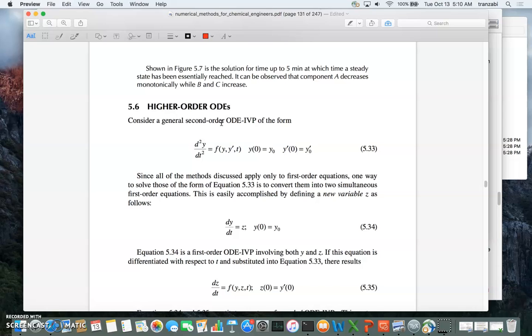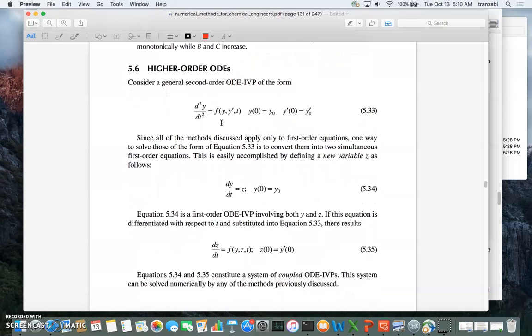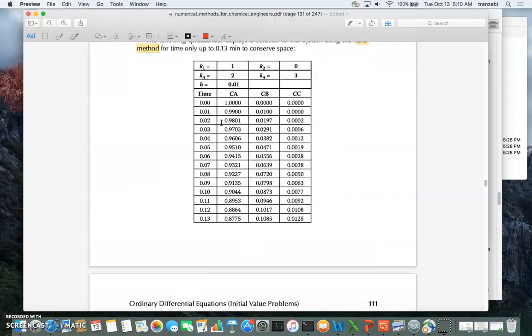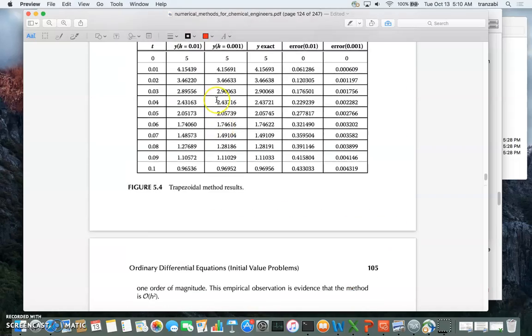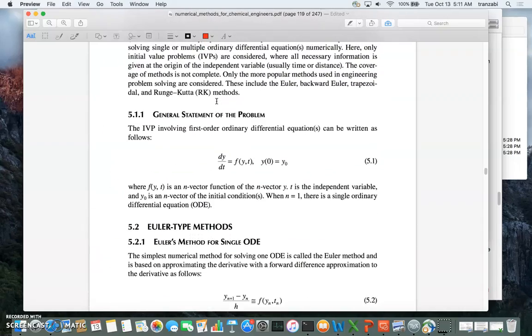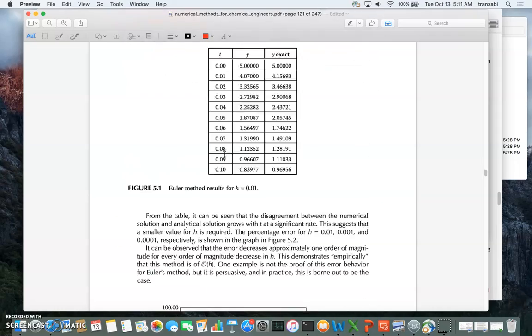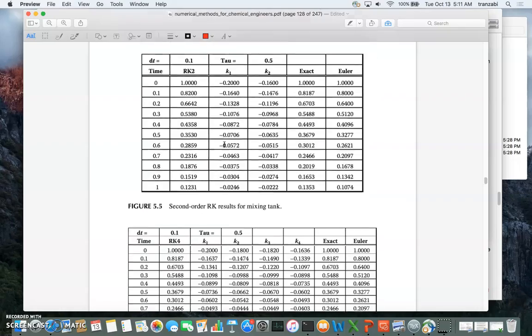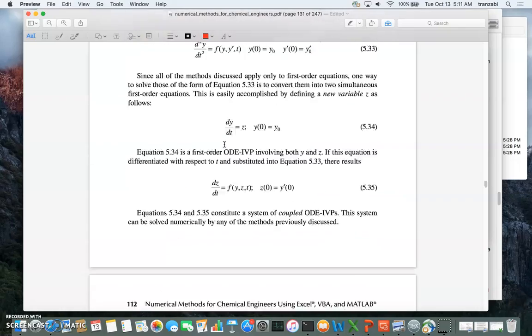By higher order, I mean so far we only looked at the first derivative of y with respect to t equals something. The generic form we started from the beginning of this chapter was a first order differential equation, right? That means we have only the first derivative of y with respect to time. Now what if we have a second order derivative of y with respect to time? Then that's what I mean by higher order.